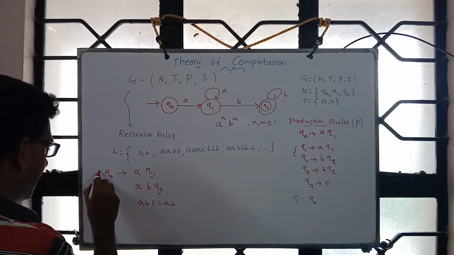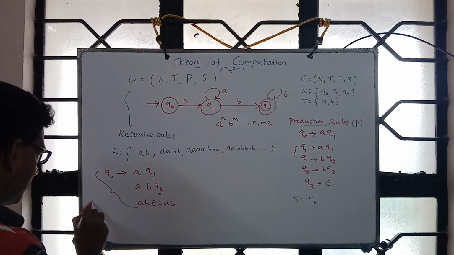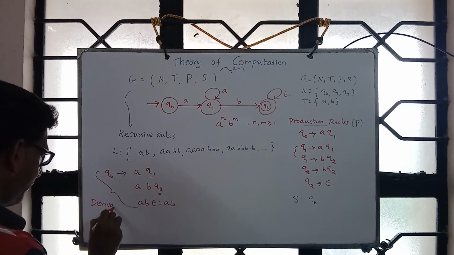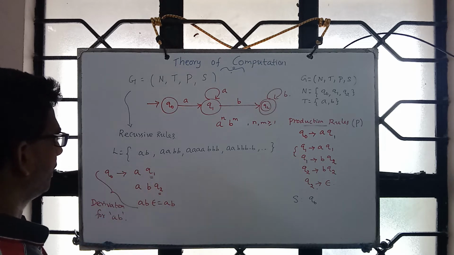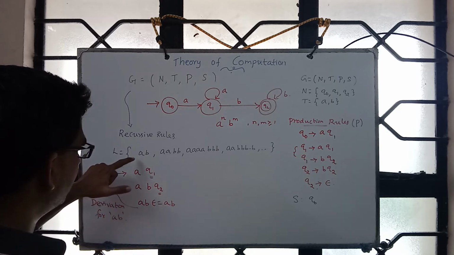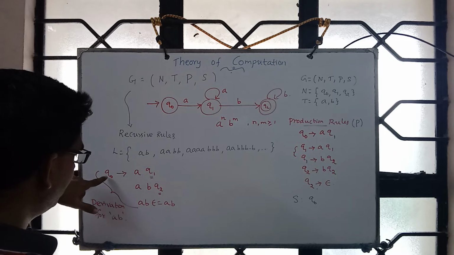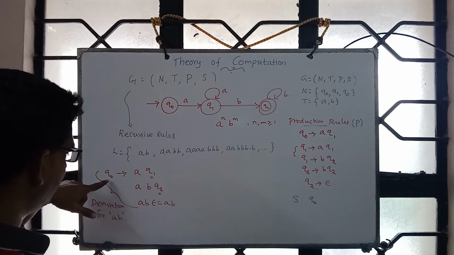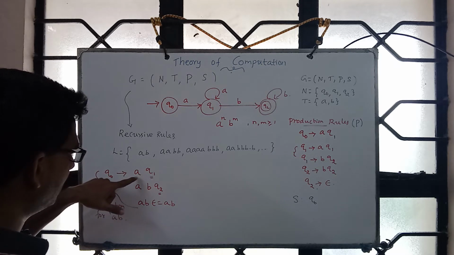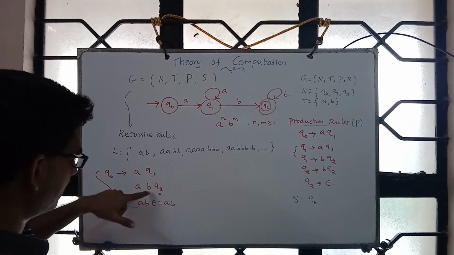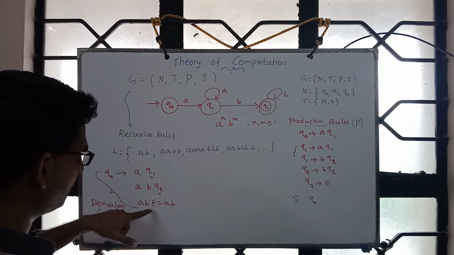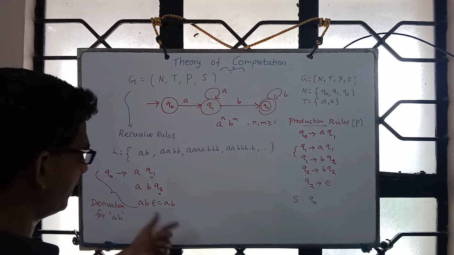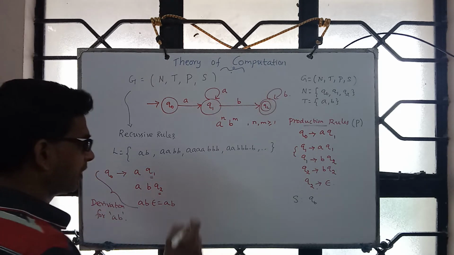This is called a derivation for the string AB. So to generate AB, here are the production rules. Q0 implies A Q1, then Q1 is replaced with B Q2, then subsequently Q2 implies epsilon. So we have generated AB.